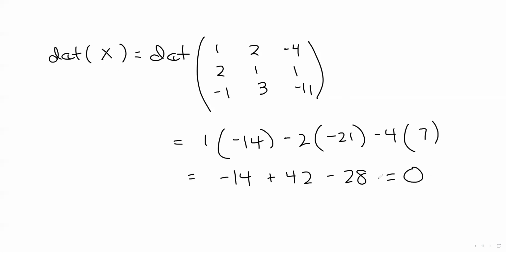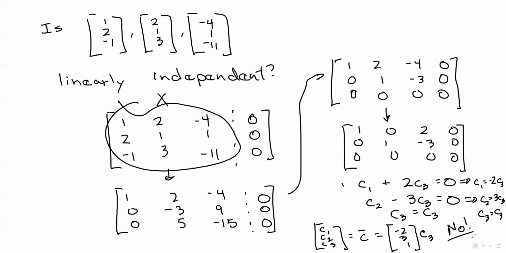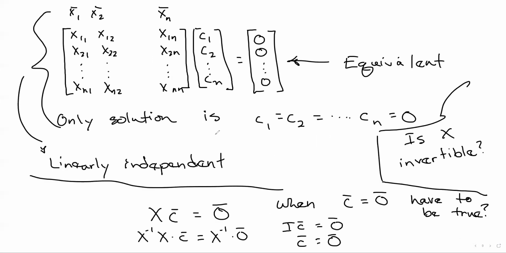So the determinant of A does equal 0, which tells us, what does that tell us about x? So x is not invertible. If x is not invertible, then this is not independent. If we rewrite this as a matrix equation, what we want to know is, when would we be guaranteed that c equals 0?